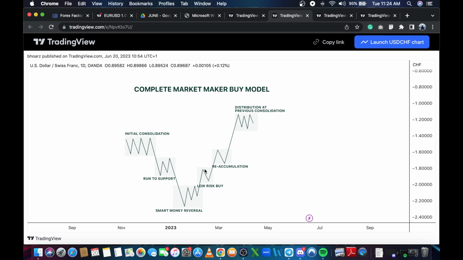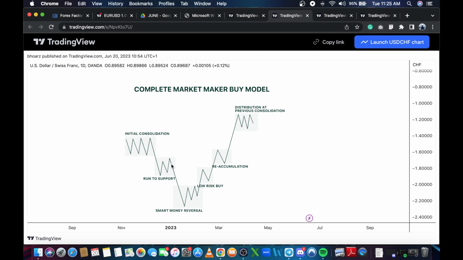It could be a false head and shoulders, or it could be hidden divergence with an indicator. There'll usually be flashing signs of a retail run lower, and then the market will just aggressively run for this consolidation, and then it'll reaccumulate inside this old price range, then expand for the original consolidation where existing retail sell stops will be resting.